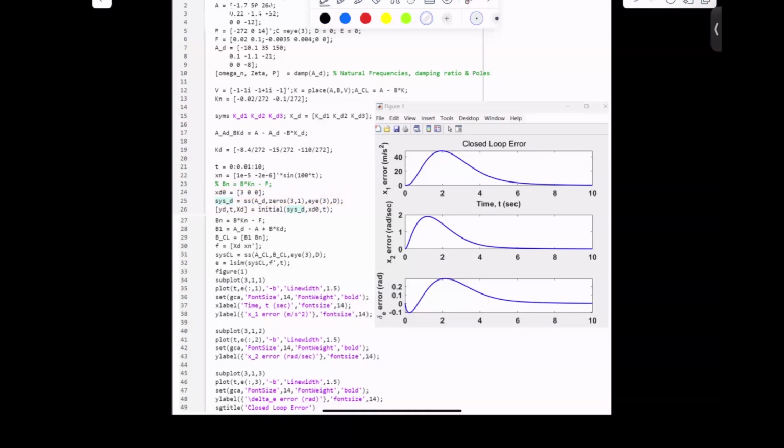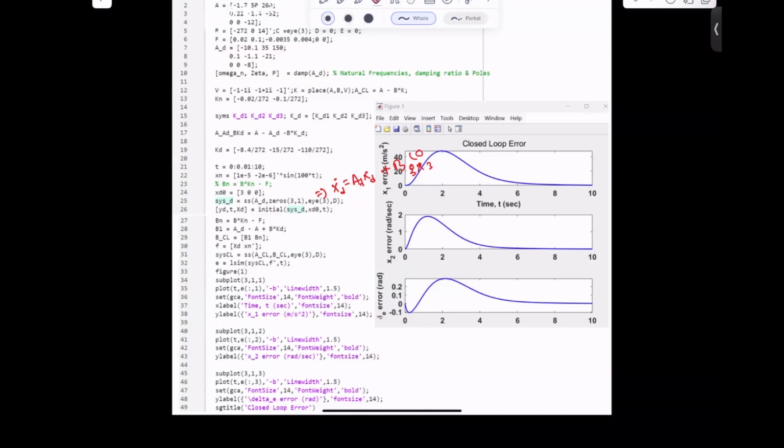Here we can find basically XD dot equal to AD XD. Here I is the C matrix, and there is no control, so B is a 0 0 3 by 0 matrix.